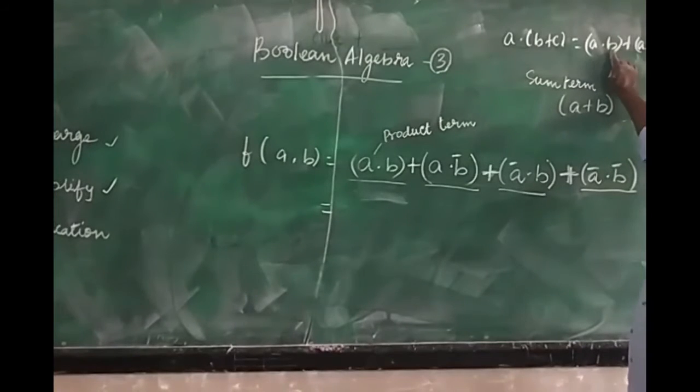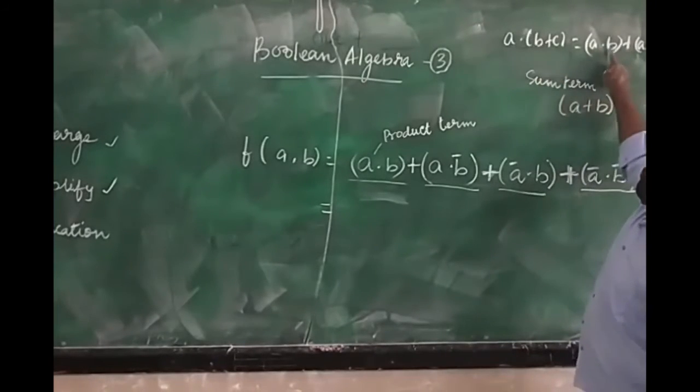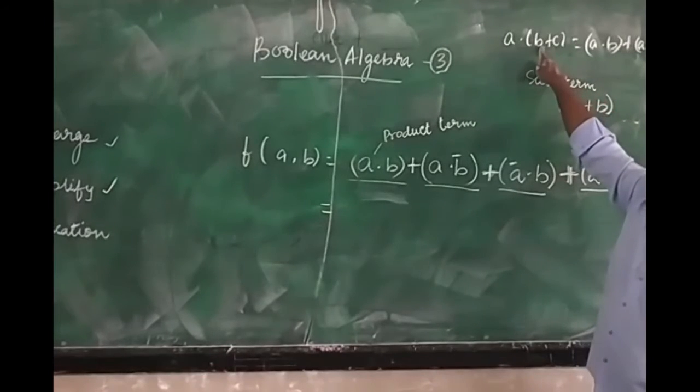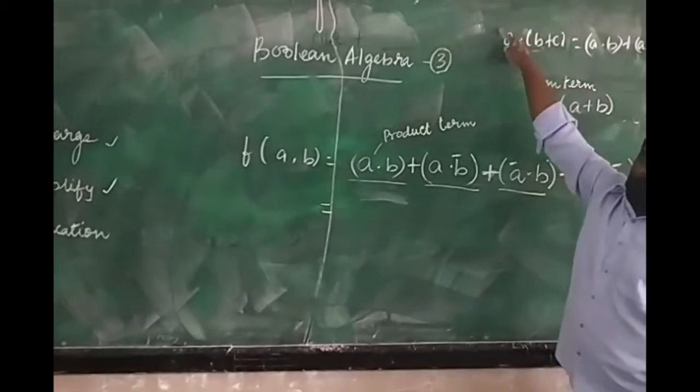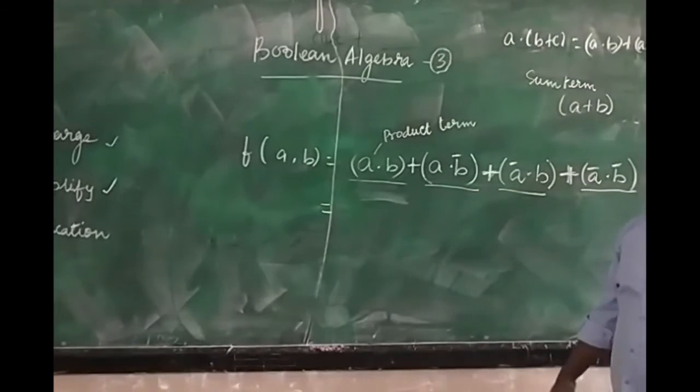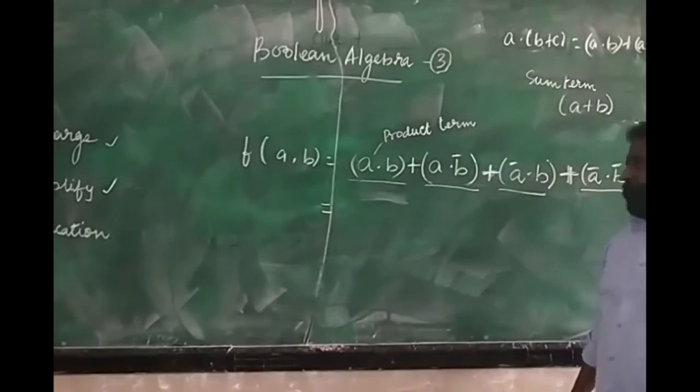So when similar terms are there, we can take them out and write down the uncommon variables of each term like this. So we are going to apply the distributive law.